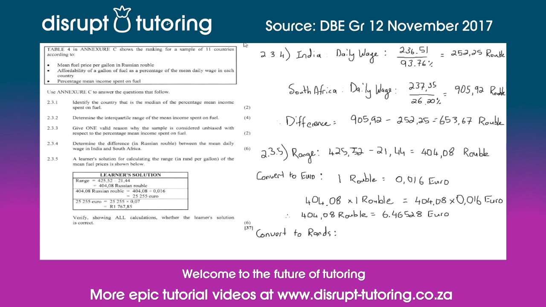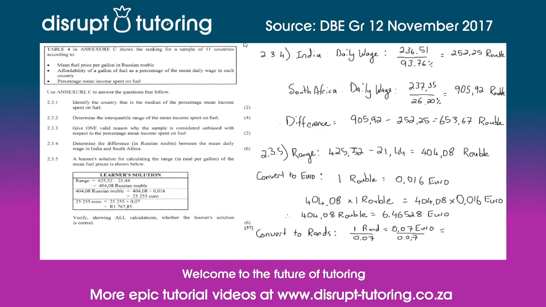So if 1 rand equals 0.07 euros, let's see what 1 euro will equal. So if we divide both sides by 0.07, remember if we divide by the same number on each side, it still keeps both sides of the equation equal, so the equation is still valid.